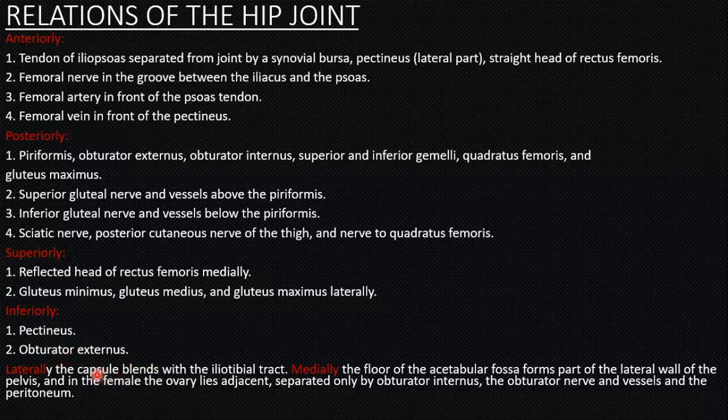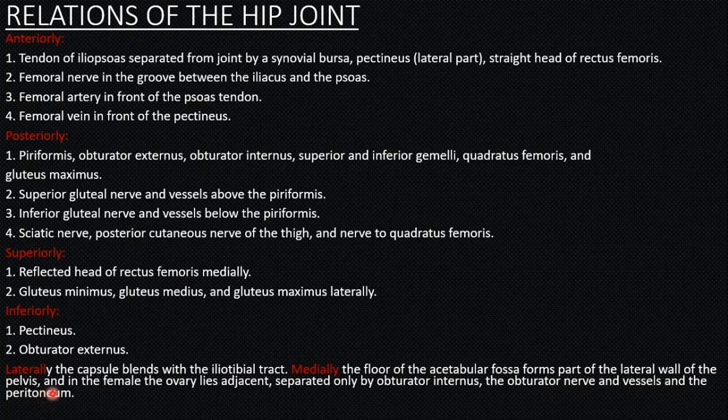Laterally, the capsule of the hip joint blends with the iliotibial band, and medially, the floor of the acetabular fossa forms part of the lateral wall of the pelvis, and in females, the ovary lies adjacent, separated only by the obturator internus, obturator nerve and vessels, and the peritoneum.